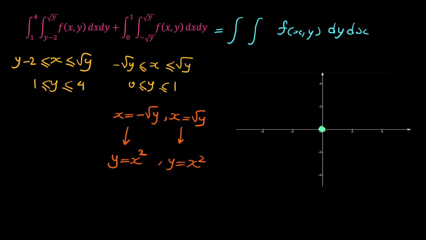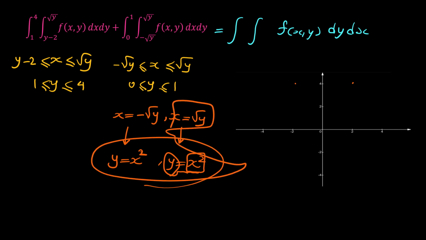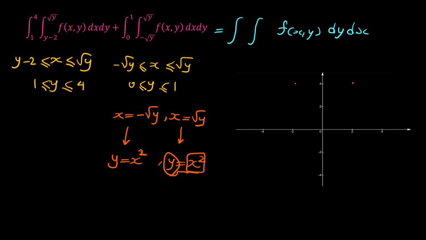Its vertex is at the origin, 0, 0, and it continues up. If we plug in, for example, 2 for x, y is 4. At negative 2, the y value is 4. So the graph of this parabola is something like this.